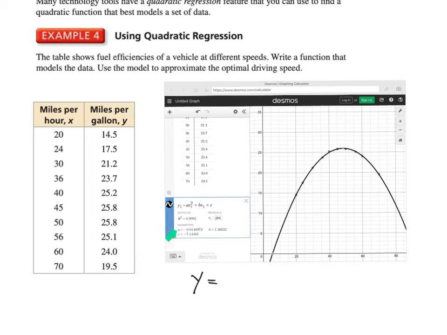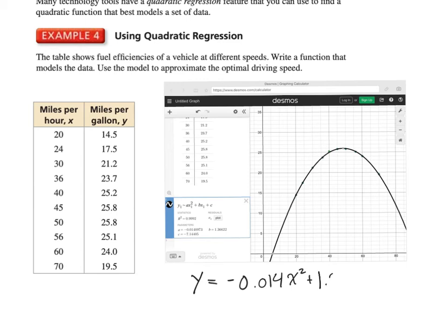Here's your a value. It's negative 0.014. And I think that's all the decimal places we're going to use. Okay, so negative 0.014x squared plus bx. So let's look for our b. Our b is right here. It's 1.366, and we'll stop there.